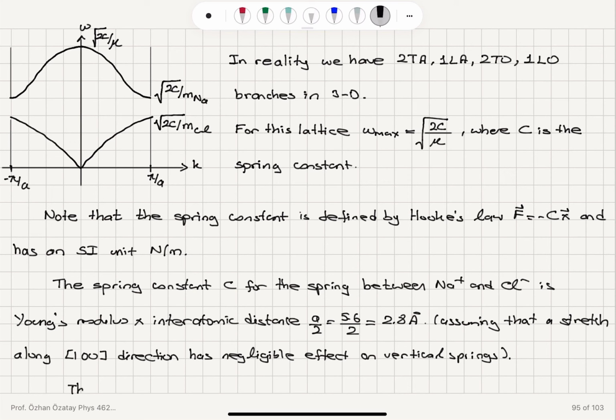Therefore, we can calculate the spring constant along this direction. 5 times 10 to 10 newtons per meter square times 2.8 times 10 to minus 10 meters, that's angstroms. This gives us 14 newtons per meter for the spring constant.